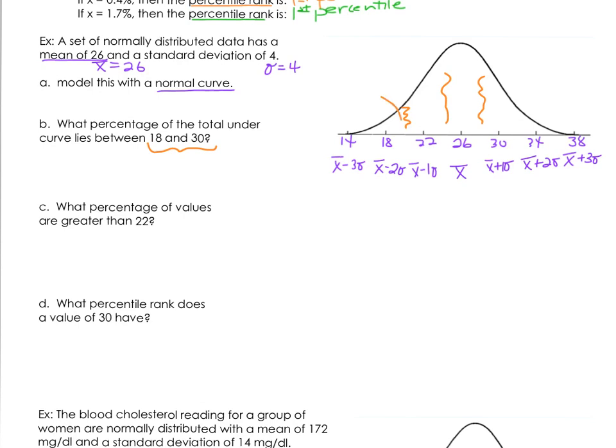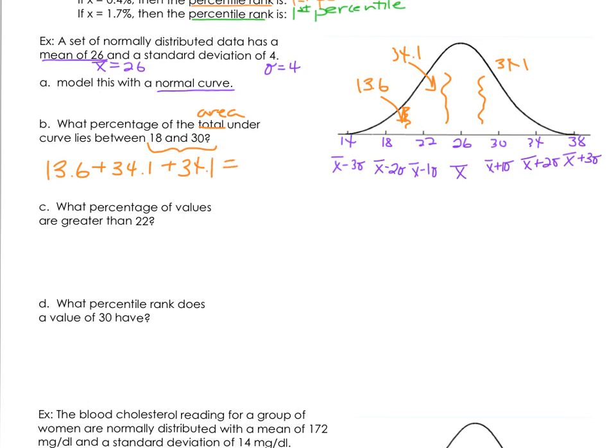The percentage associated with this column was 13.6. And the 2 tall columns had percentages of 34.1 and another 34.1. If I want the percentage of the total, also known as the percentage of the area under the curve, we just add those percentages together: 13.6 plus 34.1 plus another 34.1.